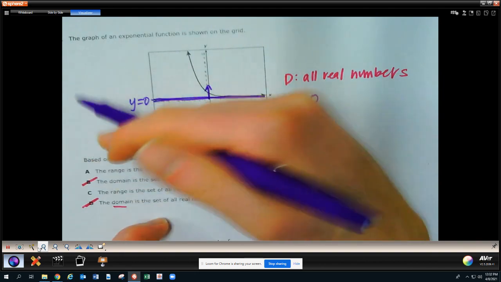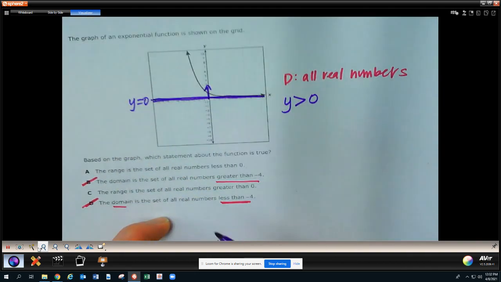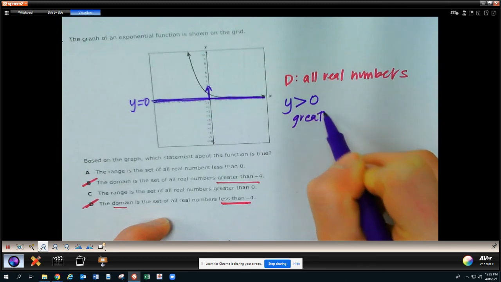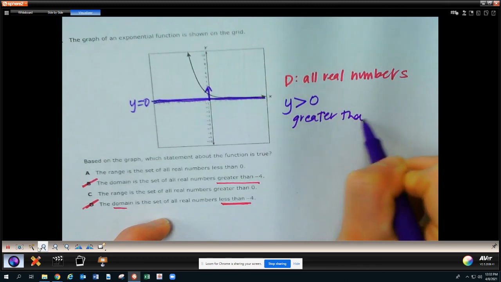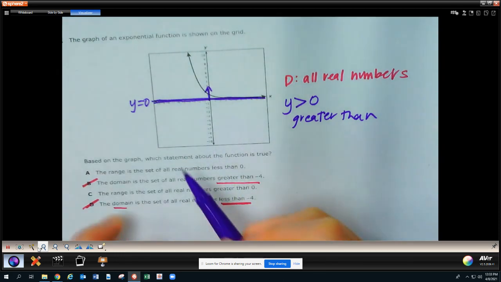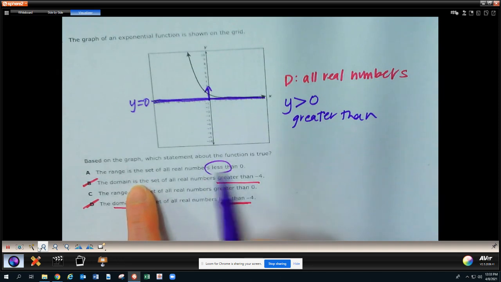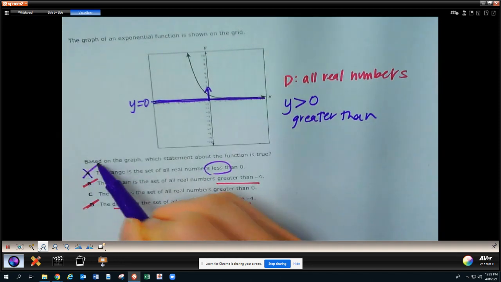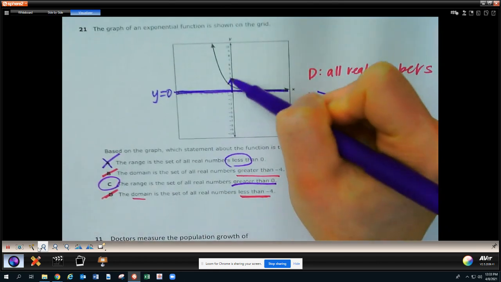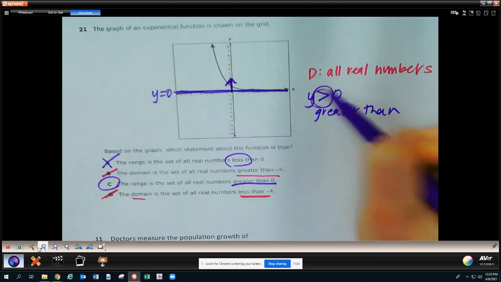All we care about is that it lies above the asymptote. And so y is greater than. Can't ever equal the asymptote. That's for quadratics. For exponential, you never equal. And so the range is a set of all numbers less than 0, not true. It is greater than 0 because it is above. Anytime you're above, you are greater than.